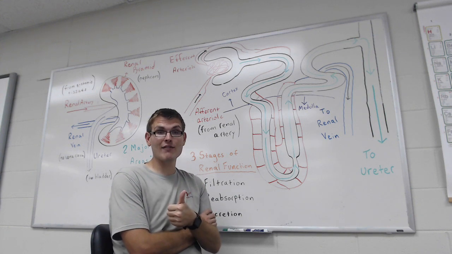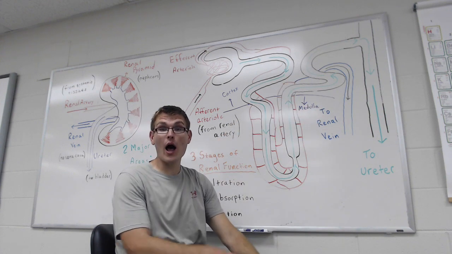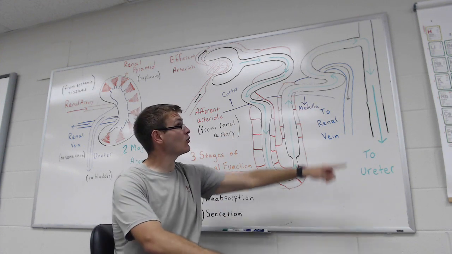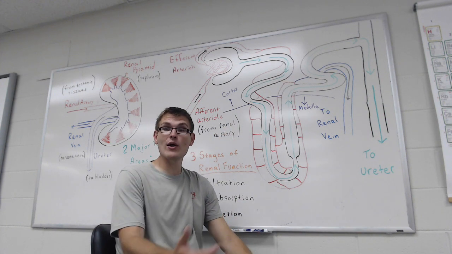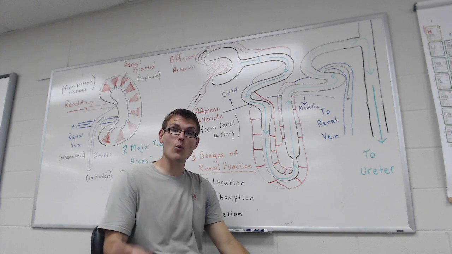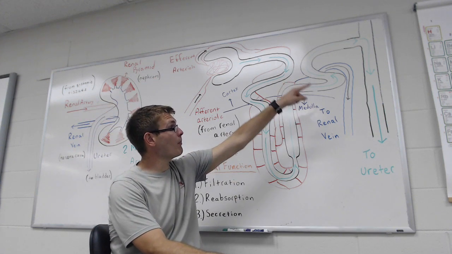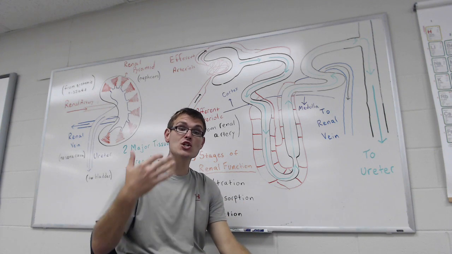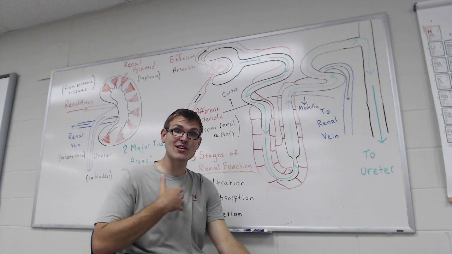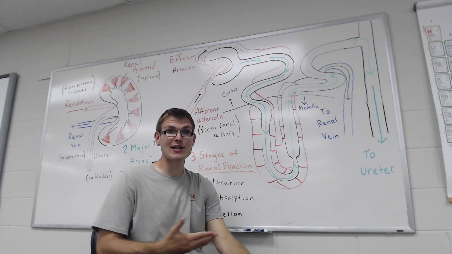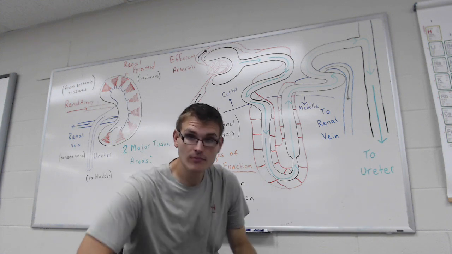If the osmolarity of our blood is too high, then antidiuretic hormone will cause even more aquaporin channels to show up in the membrane of the collecting duct, so that we reabsorb extra water so that we bring the osmolarity of the blood plasma back down. So the whole point with the collecting duct here is that we can adjust how much water we reabsorb based on the needs of our body, especially as it pertains to electrolyte balance and osmolarity in general.